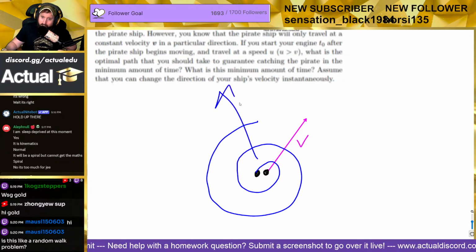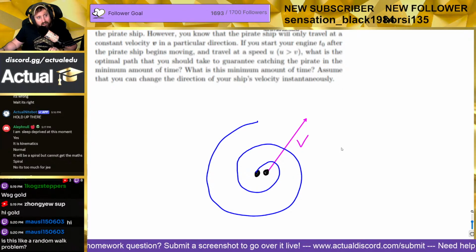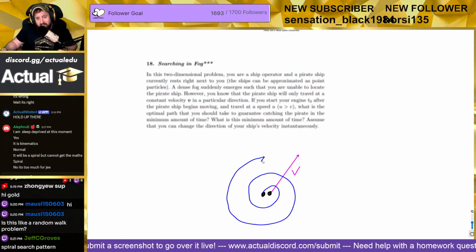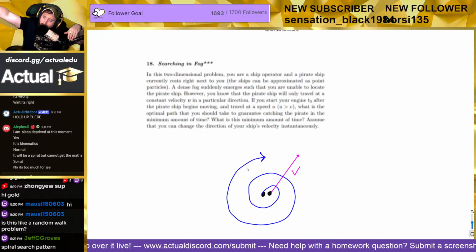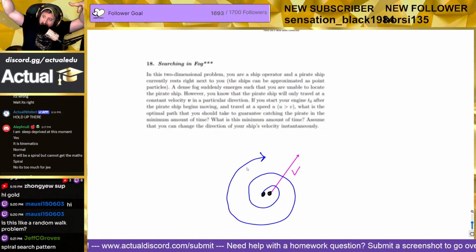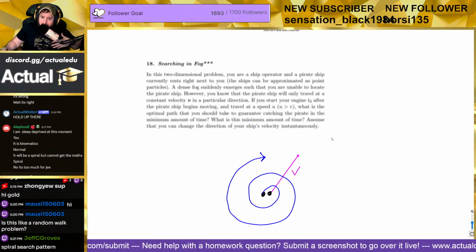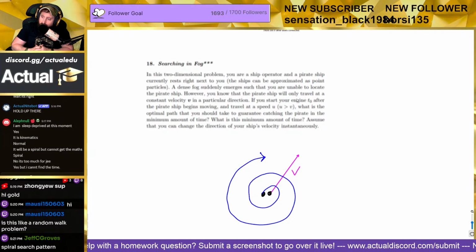If you try to only go this way, you're going to miss it over here. But the key thing is that the expansion, the propagation outwards, needs to be at least faster than v. Otherwise you'll never catch the pirate.